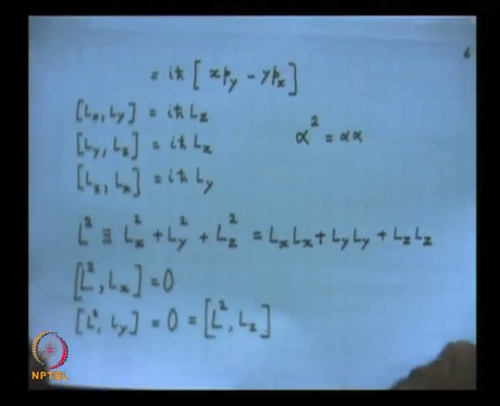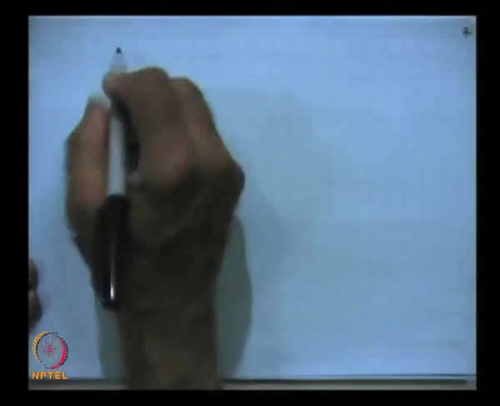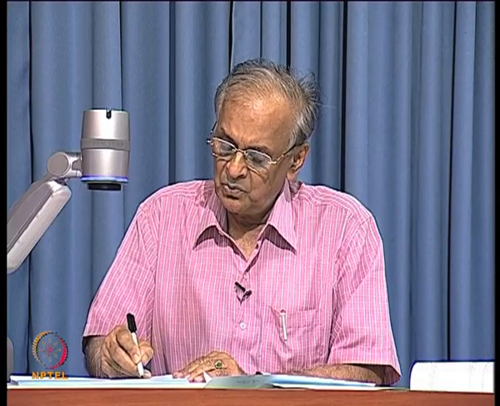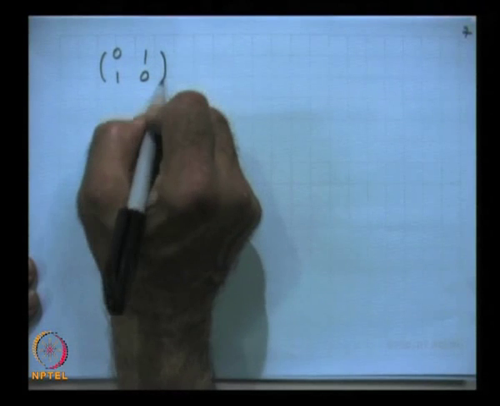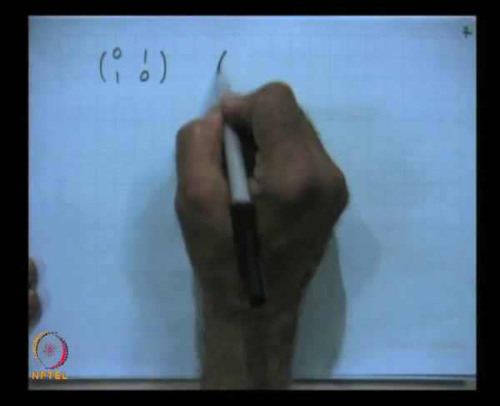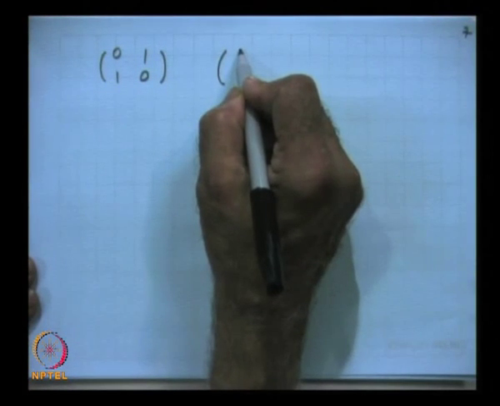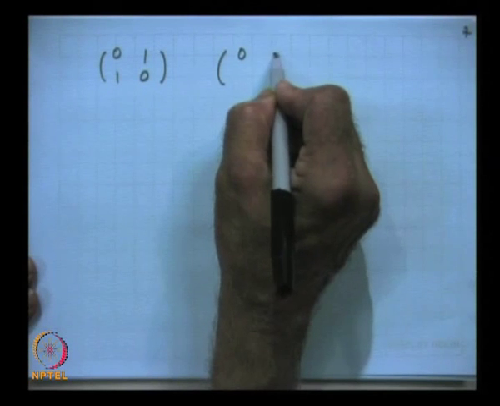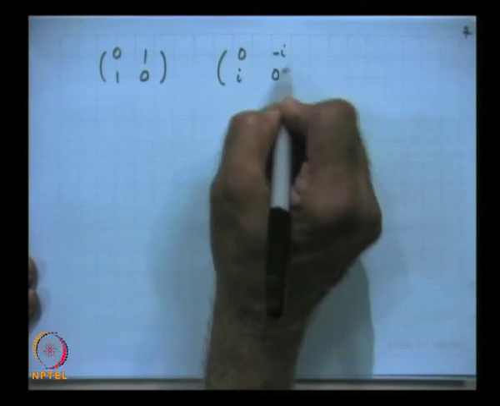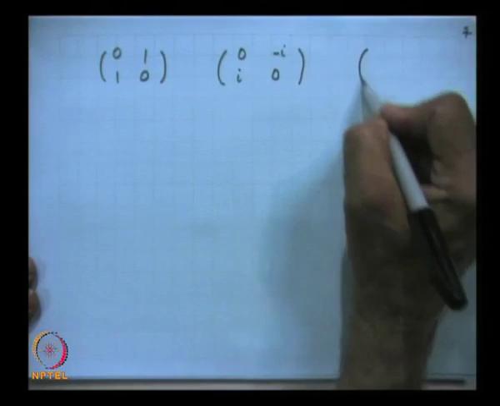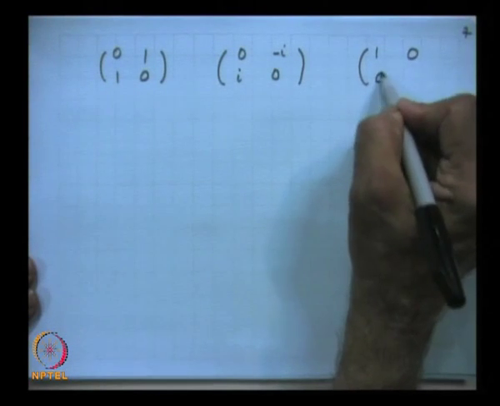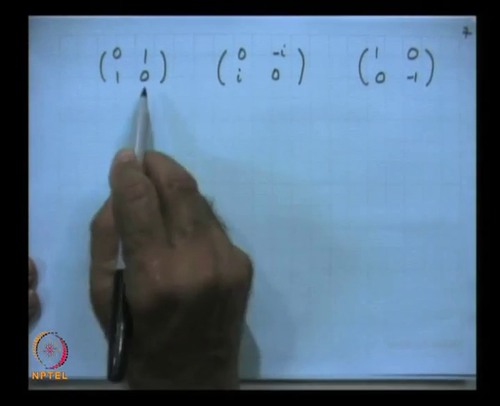It is something similar to the matrices that we considered: 0 1, 1 0; 0 minus i, i 0; and 1 0, 0 minus 1. These are actually the Pauli spin matrices. These three matrices do not commute with each other.